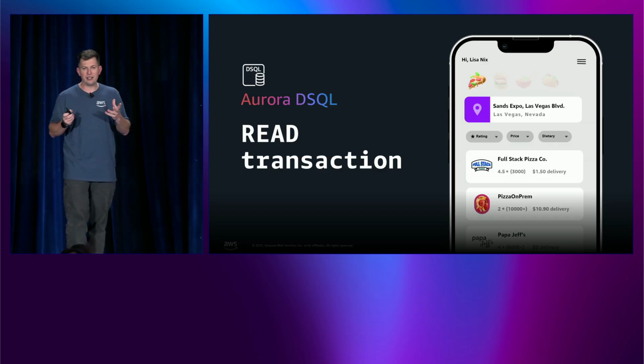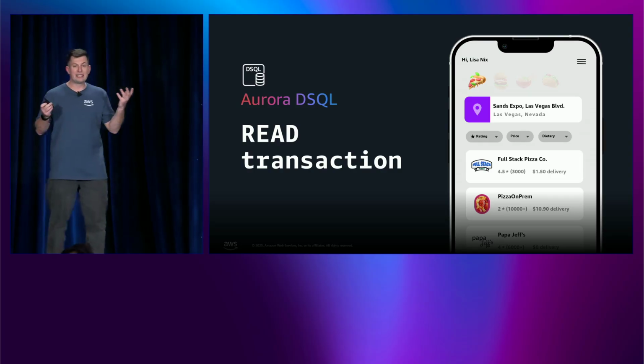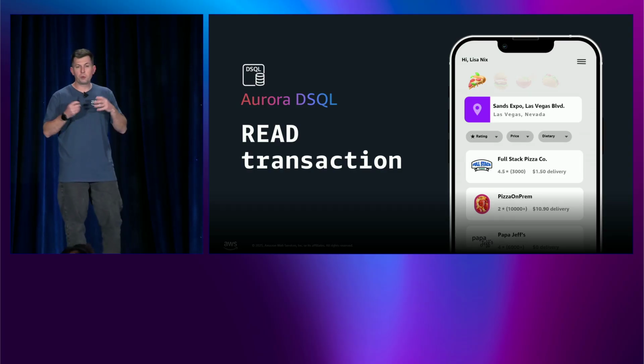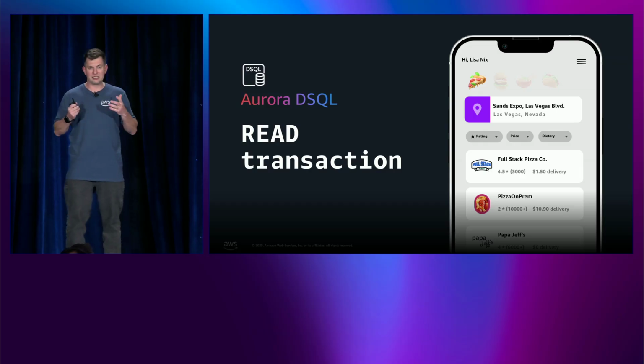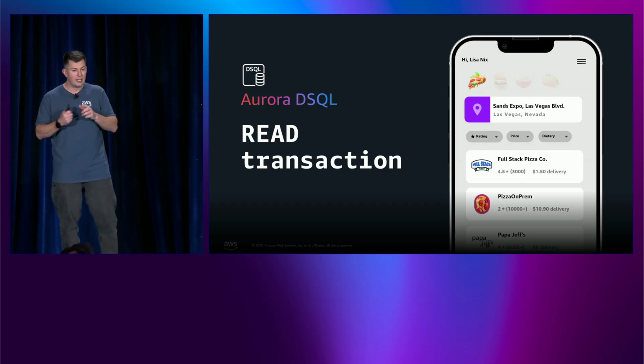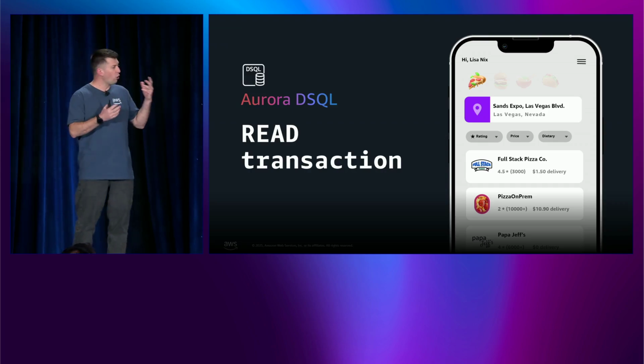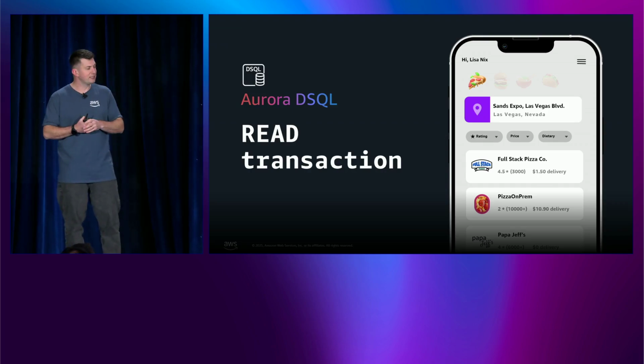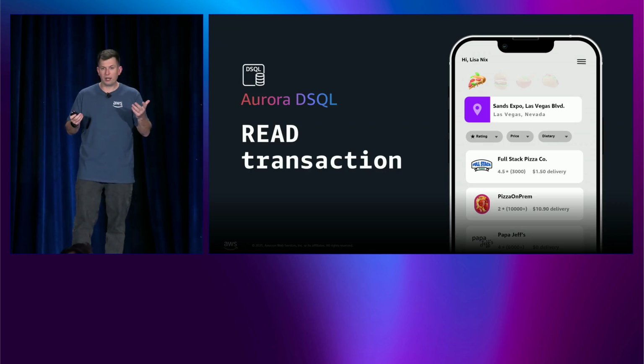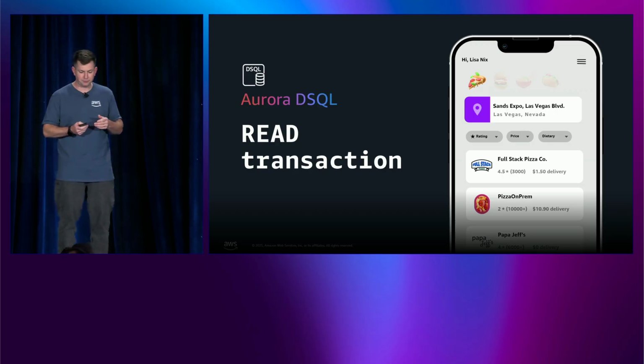Let's start with the standard read transaction and a basic select statement. Let's imagine that we are a user in US West 1, and we want to order food from a local pizzeria service somewhere here in Las Vegas.